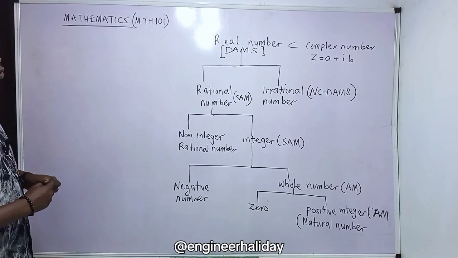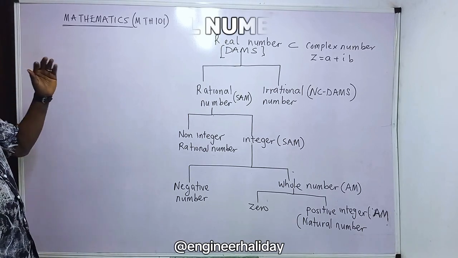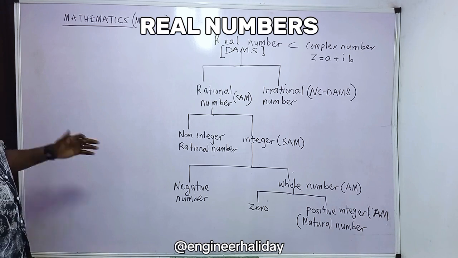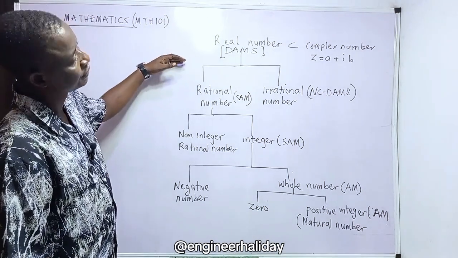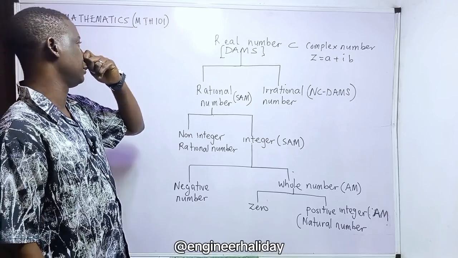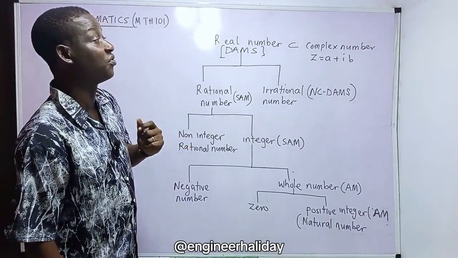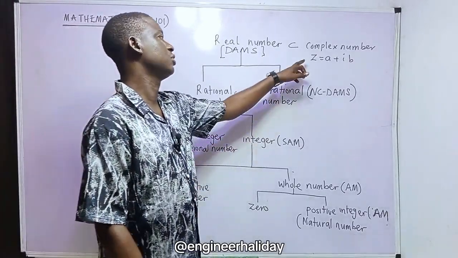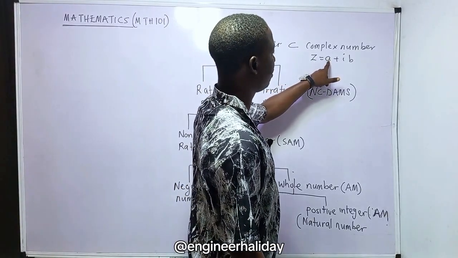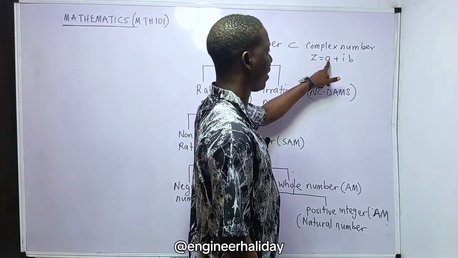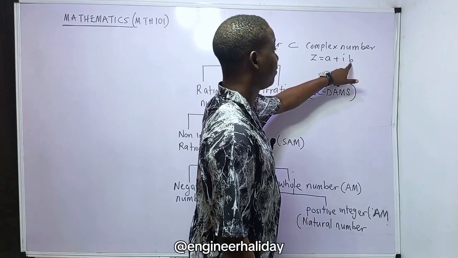Hello class, we want to discuss real numbers. One thing about real numbers is that a real number is a subset of a complex number. If this is a complex number, we will have the real part and the imaginary part.